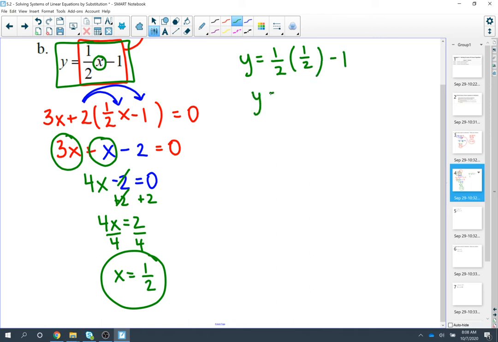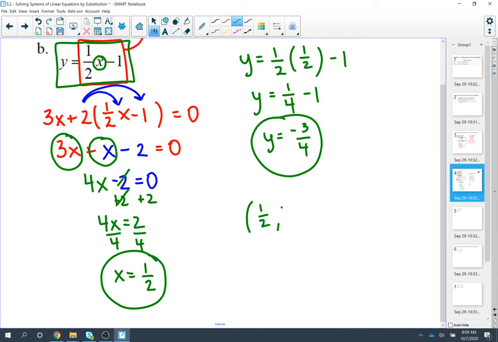Y equals 1/2 times 1/2 is 1/4, minus 1. And then y equals 1/4 minus 1 is -3/4. And then ultimately your answer, x comma y, is 1/2 comma -3/4. So if we were solving this graphically, that would be a point on the graph where both of those lines intersect.